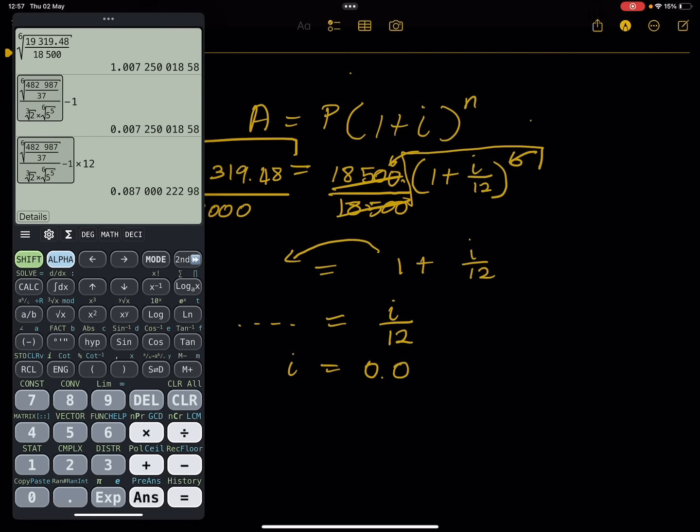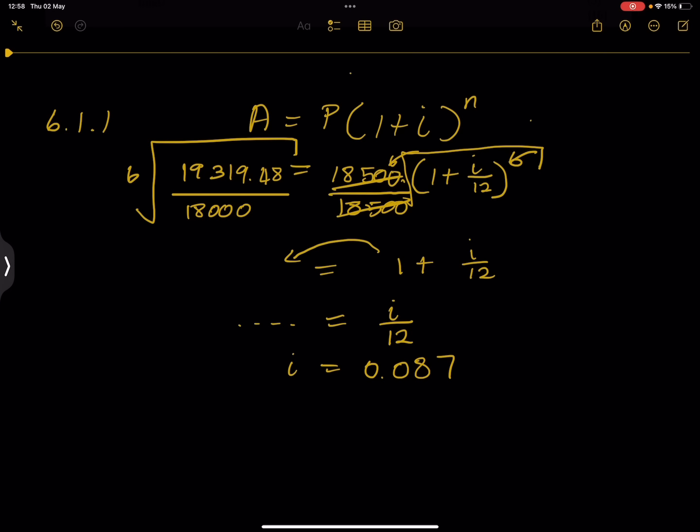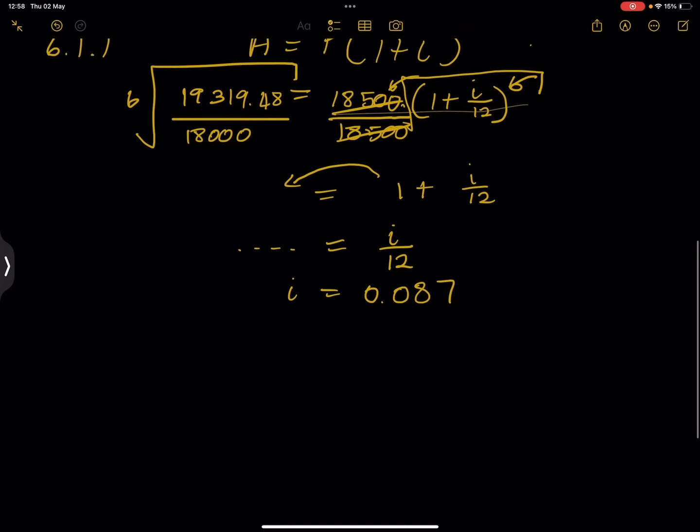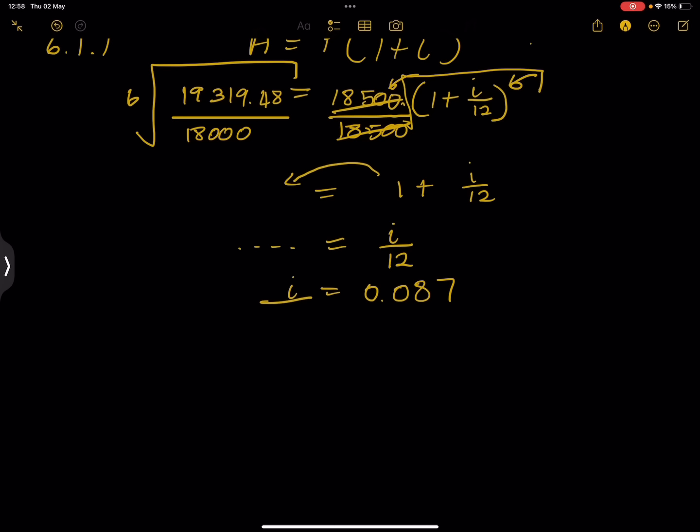Now remember, ladies and gents, that whenever I take interest rate, that's i over 100. So in this case, it means that the r value in percentage terms, I just simply multiply that value by 100.